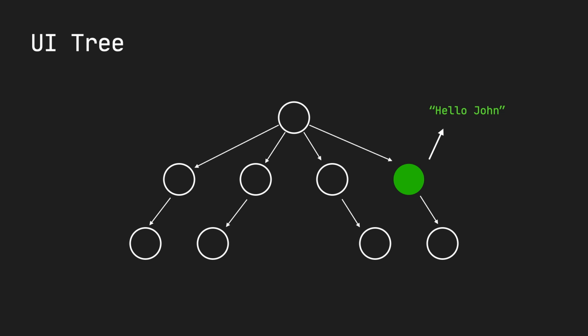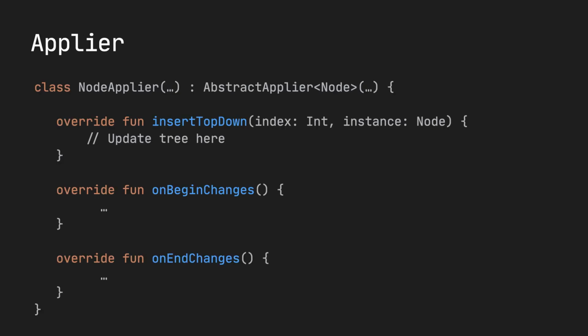And what you could do in there is traverse the tree. In this case, it's the UI tree, but it could be a different context in which you're going to update the value of hello John. So the slot table got updated, and then it told you through the applier that I need you to update your own context.